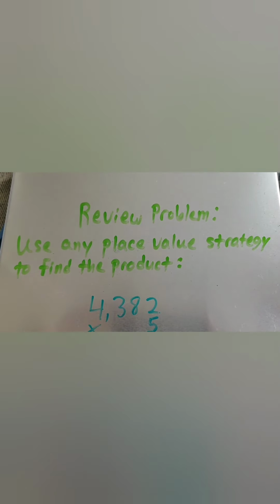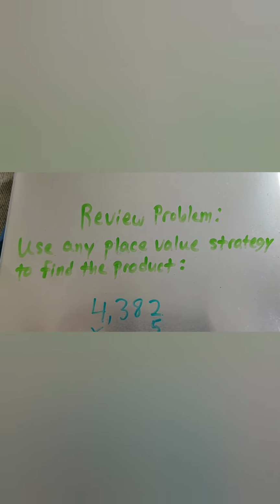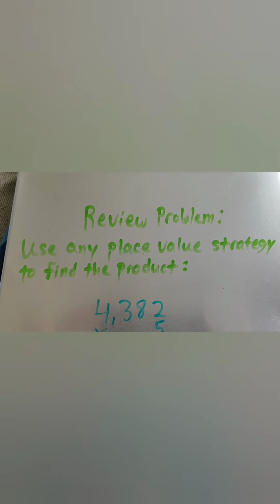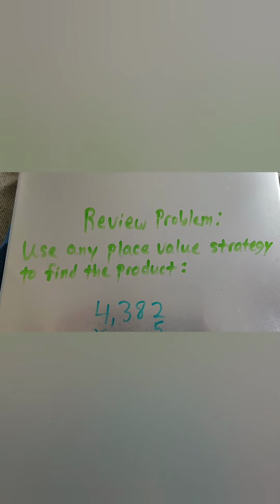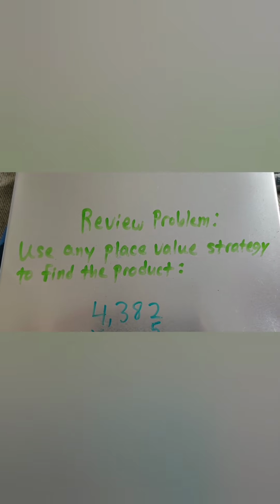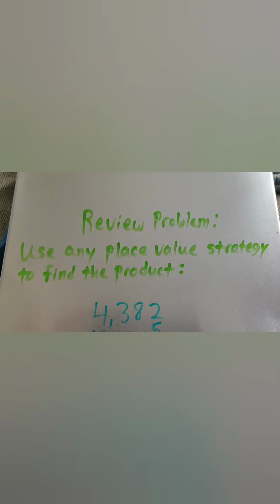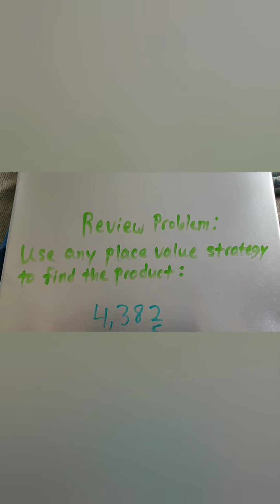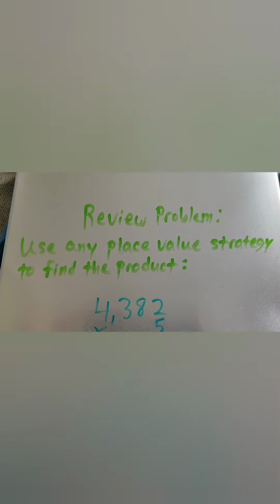And finally, the review problem that I want you to try on your own to see what you remember, because we've learned this, is to use any place value strategy to find the product, or in other words, to multiply these numbers.